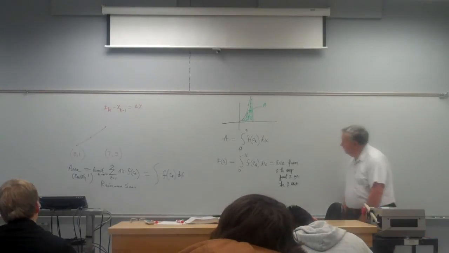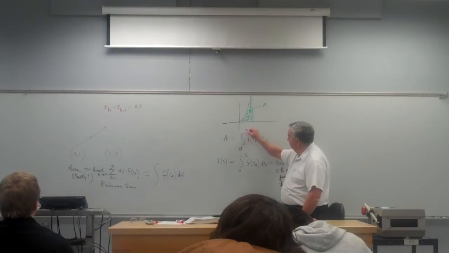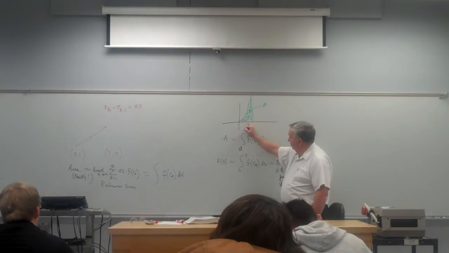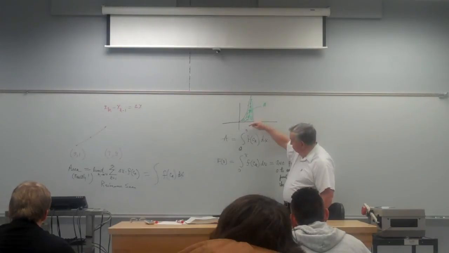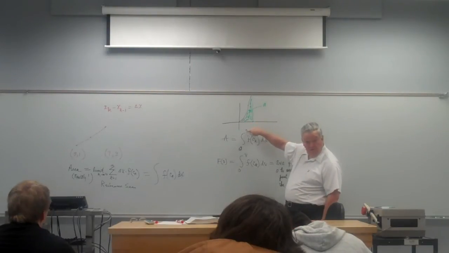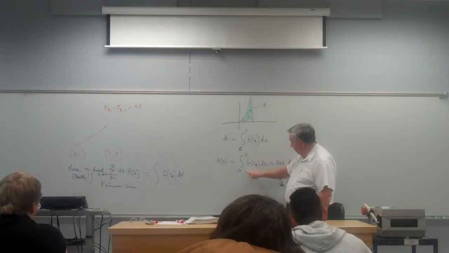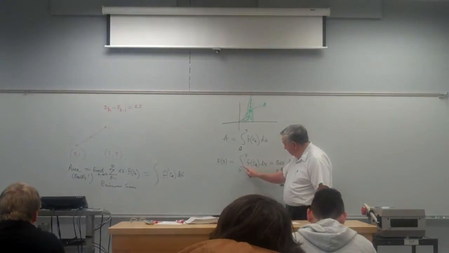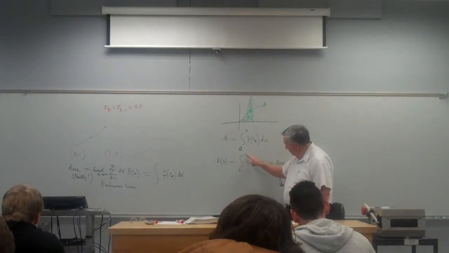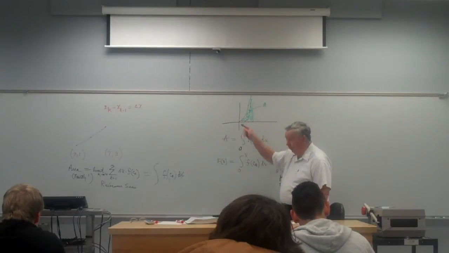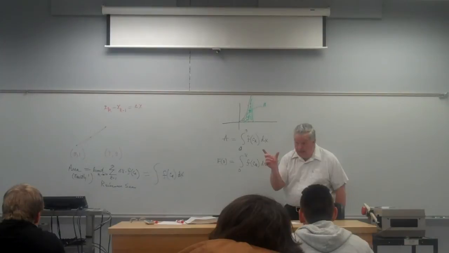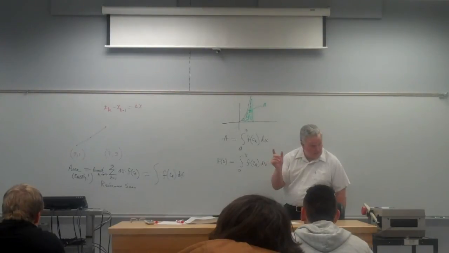What I'm telling you is, if this is from 0 to 3, suppose I just wanted to go to 2. Wouldn't I change that to a 2? And all I'm telling you is, this can change depending on how big you want the area on the x-axis to be. The width. Everybody okay?